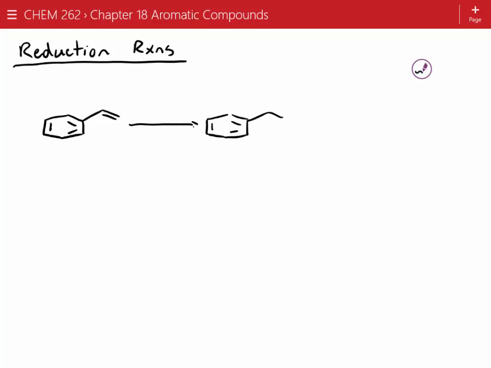What reagents would I need? Strong acid? Not strong acid. H2, and then what do we normally use as our catalyst? Platinum or palladium. So I'll say H2, and then I'll say platinum.